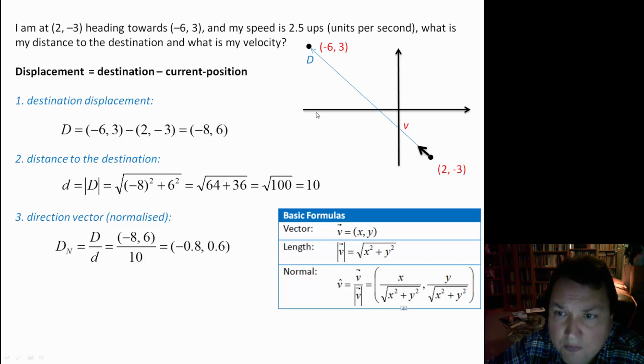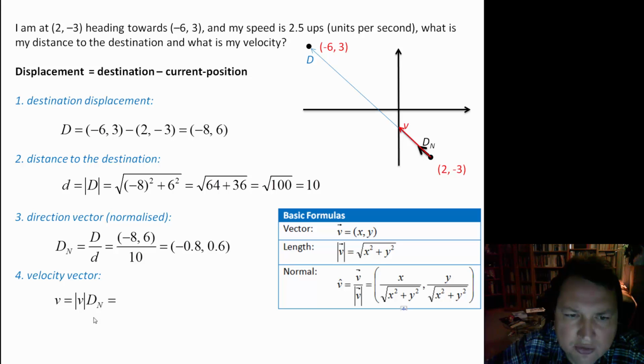The velocity vector, shown here in the picture as the red one, is again pointing in the same direction as my destination, so it shows the direction of the motion, but the length of this vector corresponds to speed. This can be easily obtained by taking my direction vector, which is normalized, so its length is 1, multiplied by the speed, v in horizontal lines.